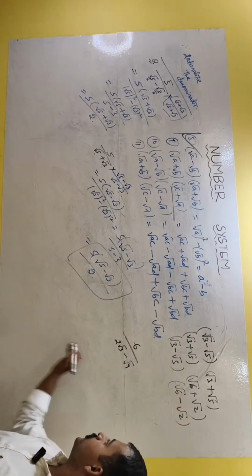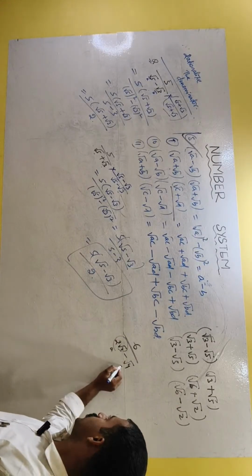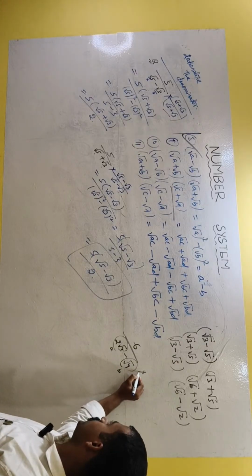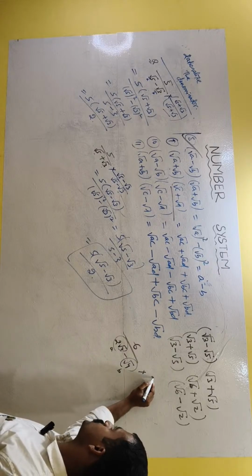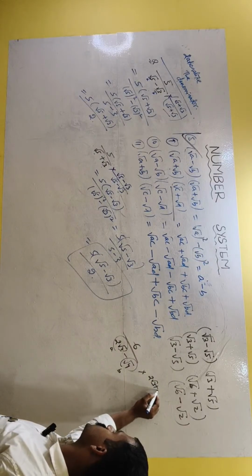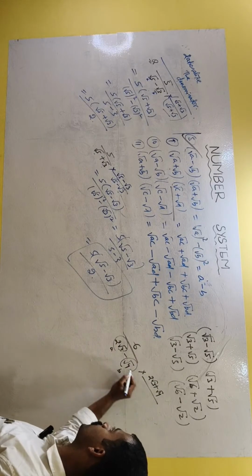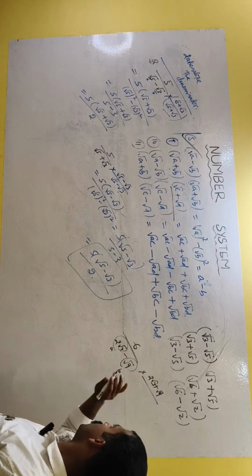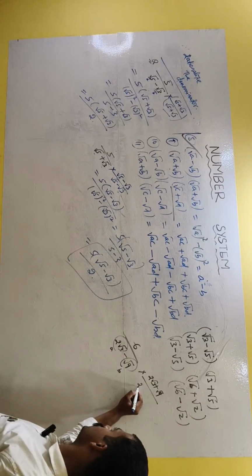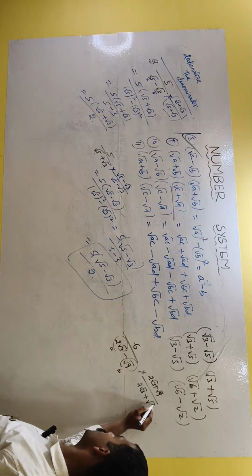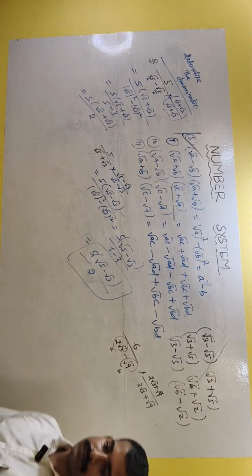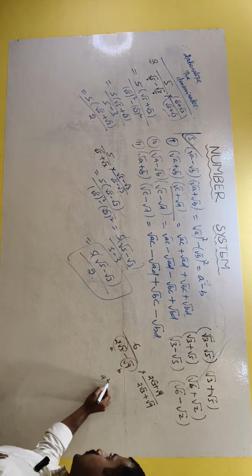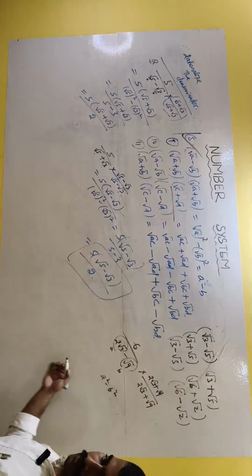Just take the first term as A and the second as B. To rationalize, multiply by A plus B, that is 2 root 3 plus root 4. Root 4 is nothing but 2, you can also write it as root 9 for the square. Then A plus B times A minus B, use the A square minus B square formula, and proceed.